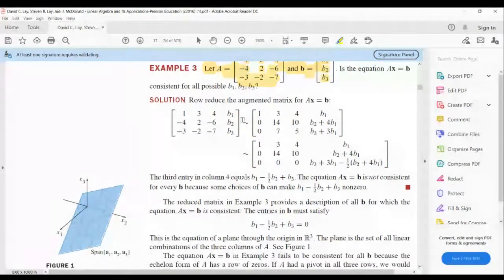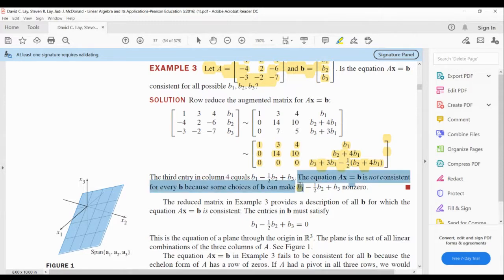They row reduce this system of equations, and they end up with this echelon form of the augmented matrix. But here you have the bottom row where you have inconsistency for certain values of B1, B2, B3. The only way the system can be consistent is, I want to say this the right way.